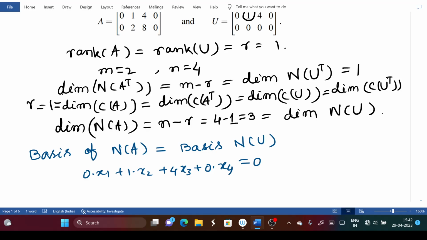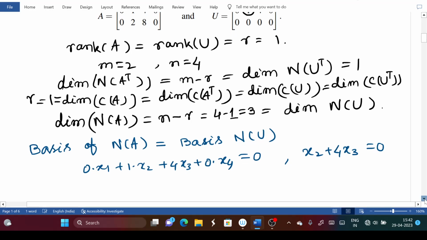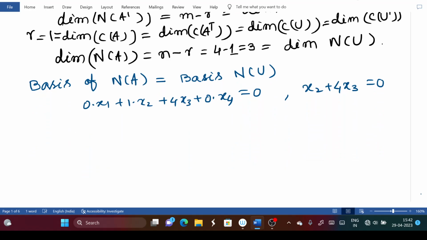That implies simply x2 plus 4x3 is equal to 0. This relation is with us. From this relation we will find x1, x2, x3, x4. x1 is free, and x4 is free. The only pivot variable is x2.